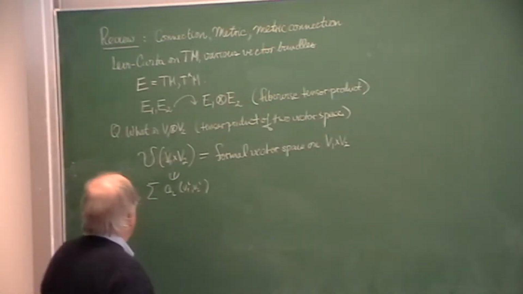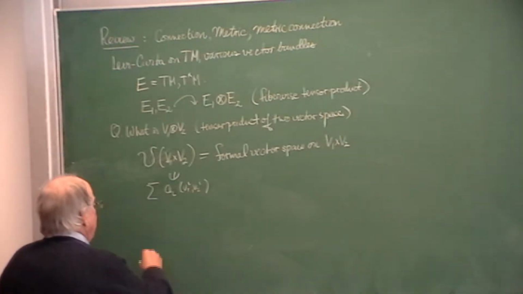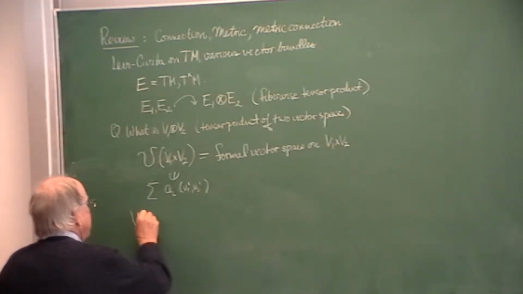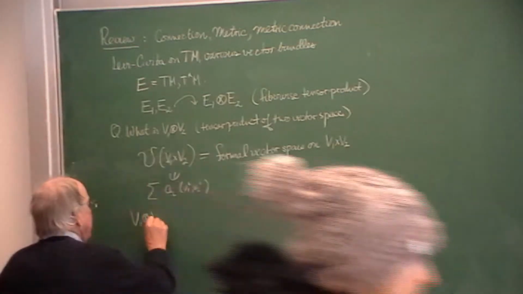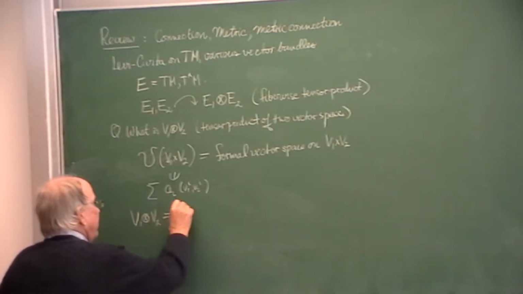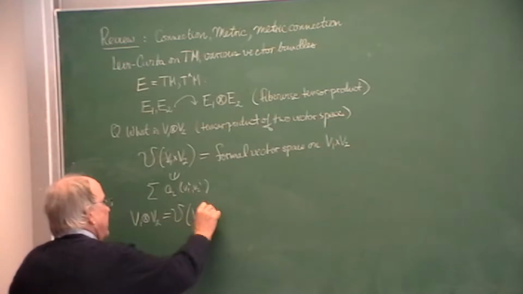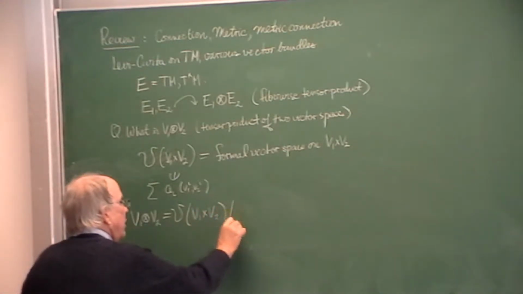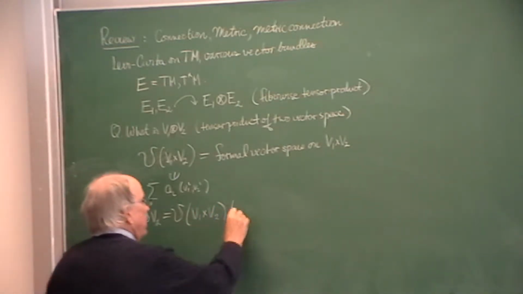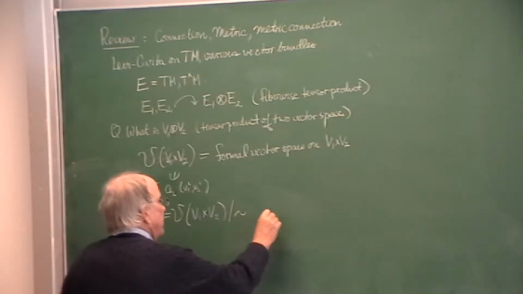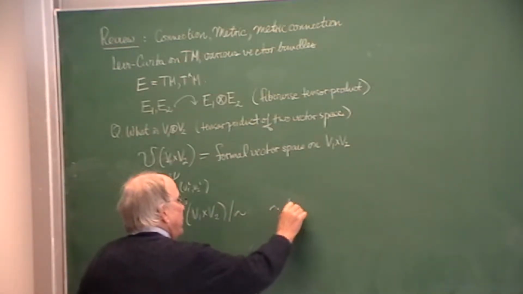So we go to this formal vector space, and then the tensor product is just this formal vector space modulo equivalence, where equivalence is the bilinear relation.